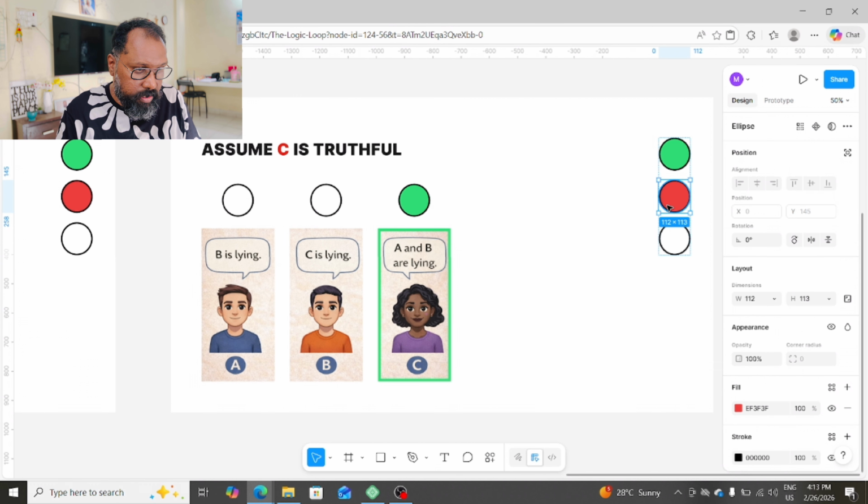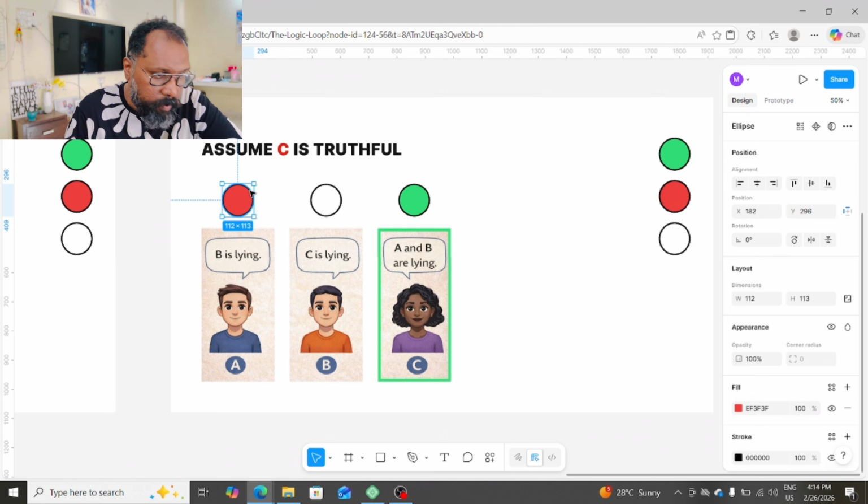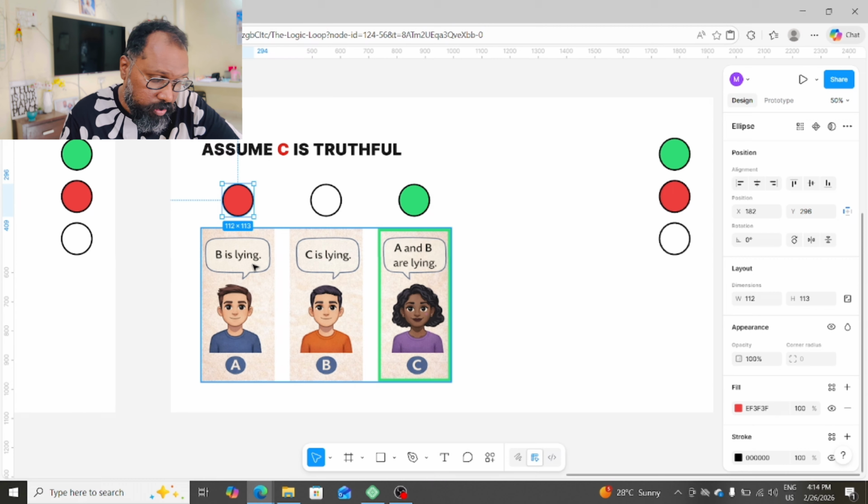Now let's test with A first. Now A is saying B is lying, but according to C, A is a liar. So then the statement "B is lying" should be wrong, or it should be false. So when A says B is lying, but since he is a liar, the statement "B is lying" should be false.